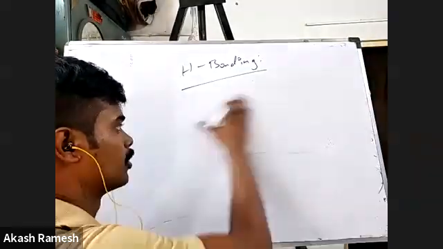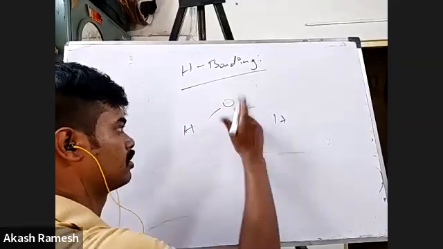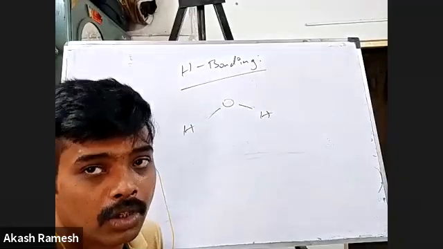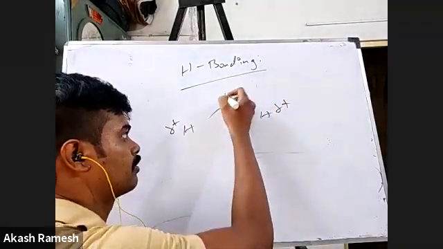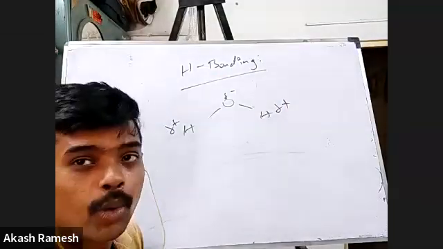Cool. So let me take water molecules. O, H, H. One more H. Right? So I obviously know there is going to be del positive, del negative. Now let me draw one more.